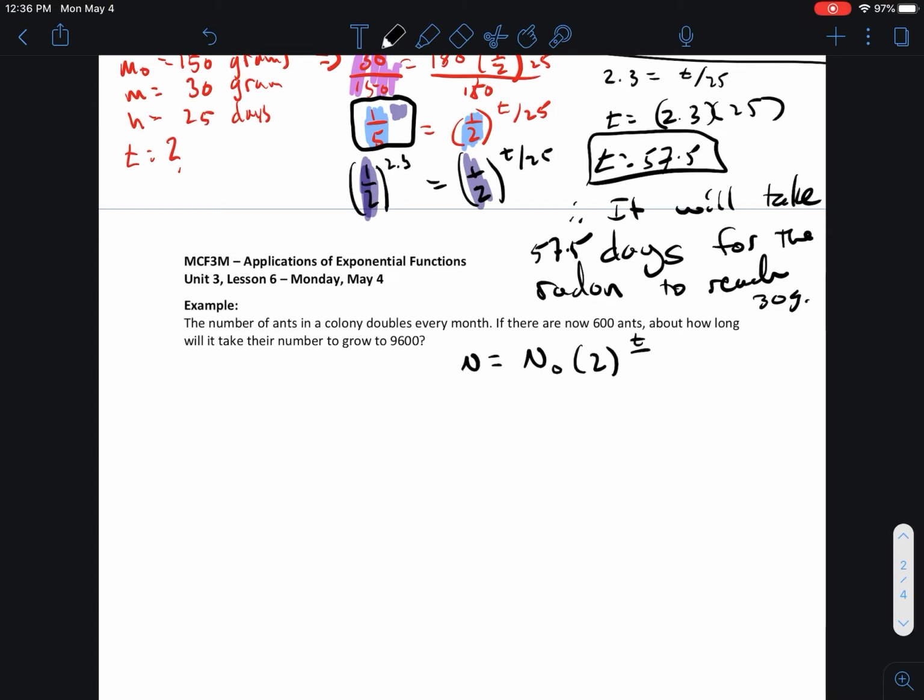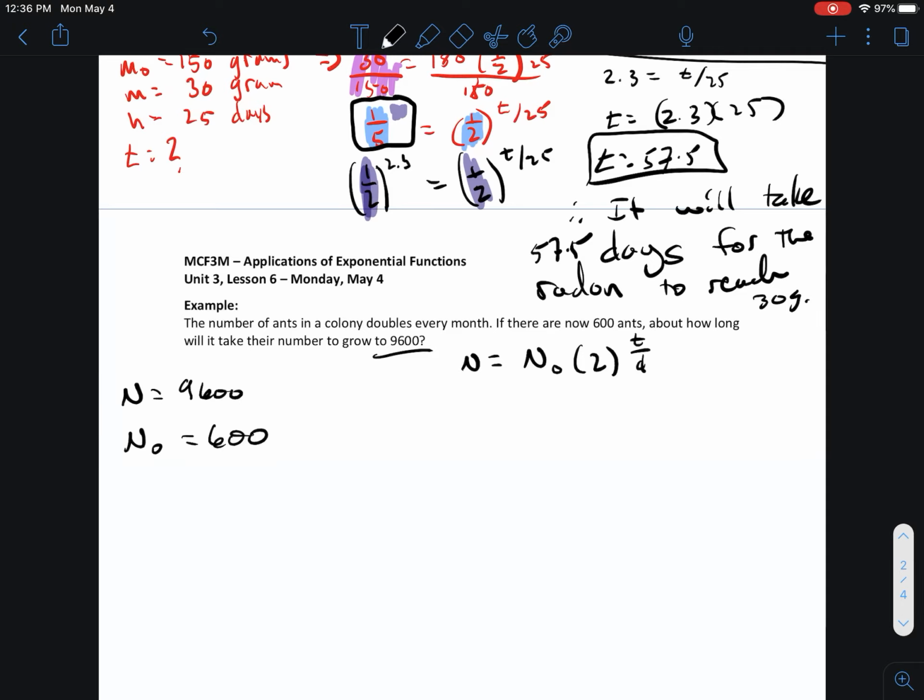So what you can do is, it's doubling, right? So I know that the doubling equation is going to be N naught multiplied by 2 to the t over d. The end value you want is 9,600, so N is going to equal 9,600. N naught is going to be 600.